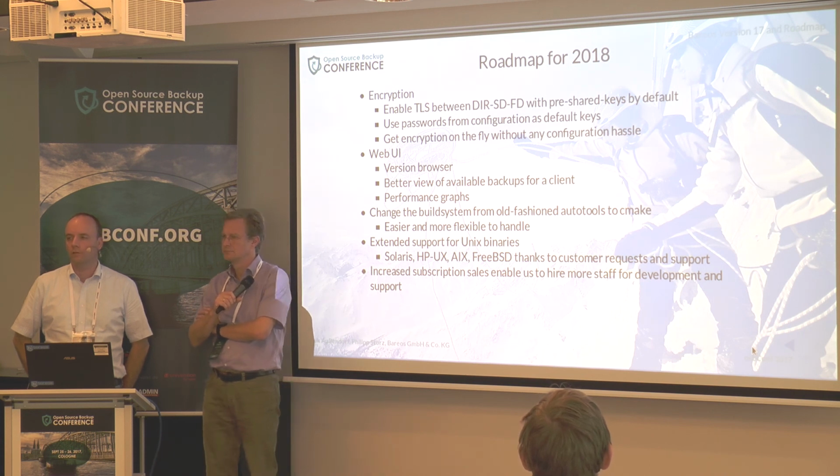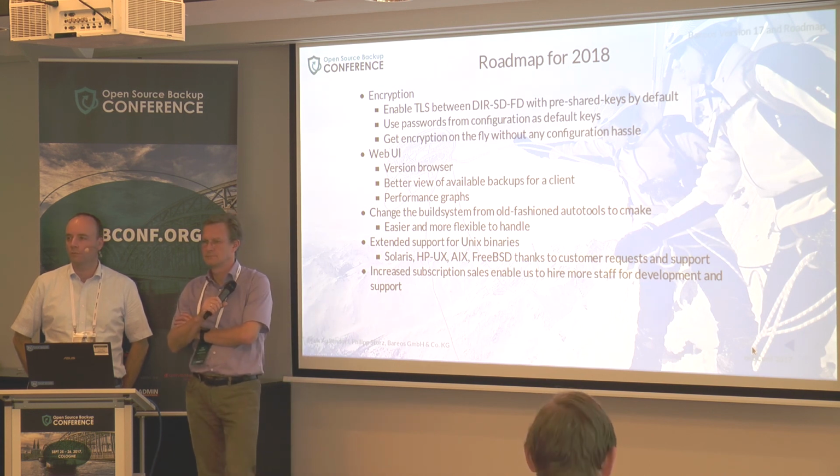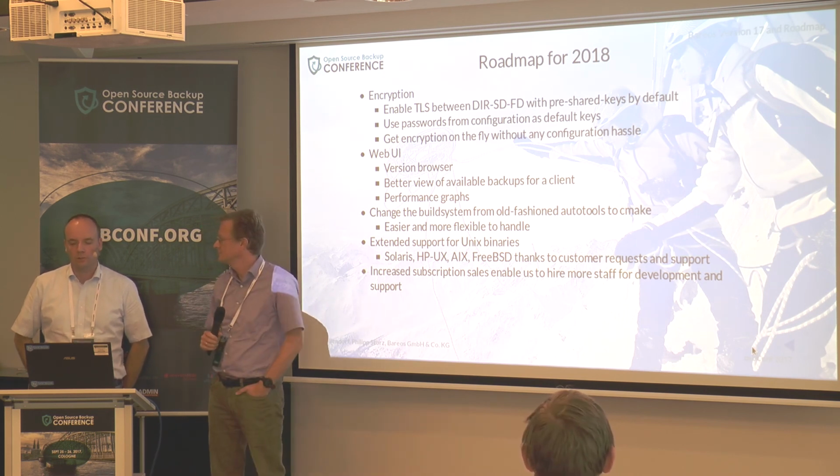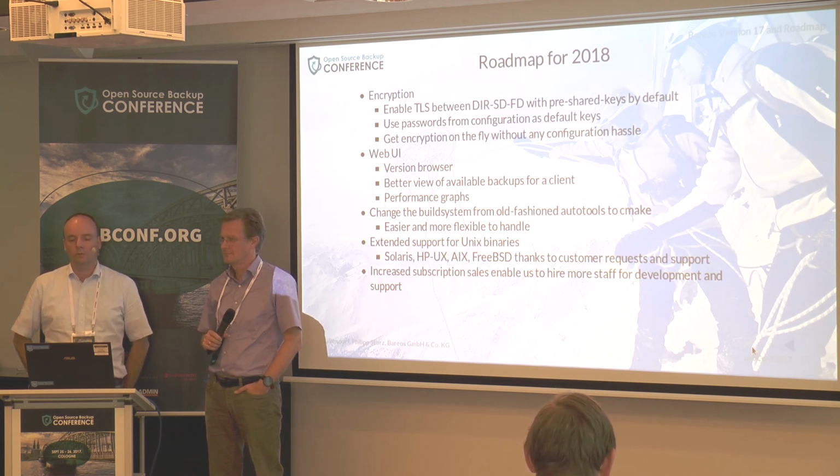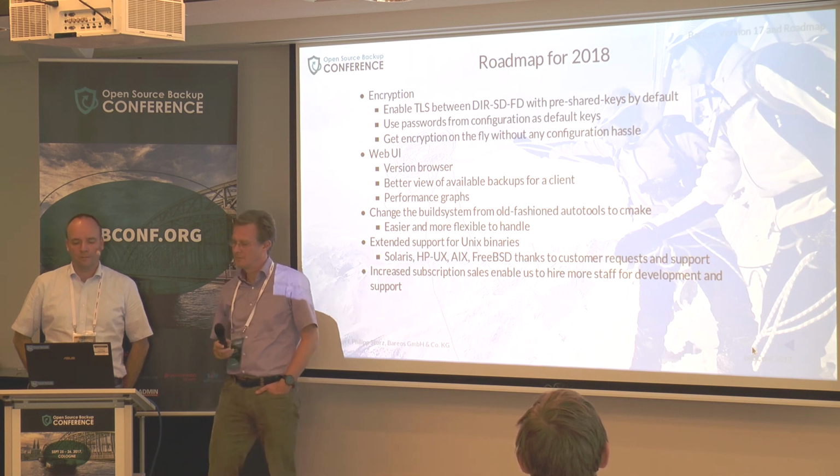I don't know if anyone of you has worked with AutoTools, but they really are a pain. CMake does things much more easily, and everything is in one tool. So that's why we will change the build system, which is quite a lot of work to do now, but it will save us a lot of nerves and time in the future, I think.